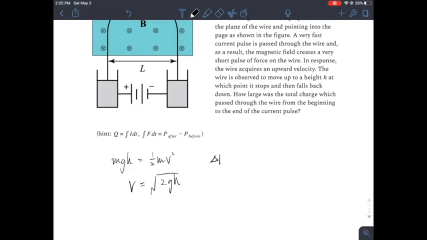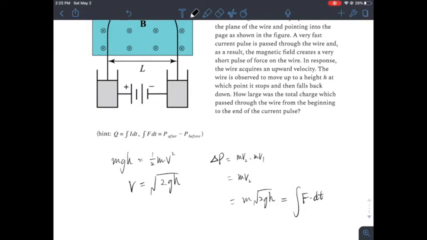The momentum after is mv2 and the momentum before is mv1. Oh, that should be mv1. The initial velocity is v1, the final velocity is 0, so the final momentum is 0. So the change in momentum will have magnitude m times the square root of 2gh.